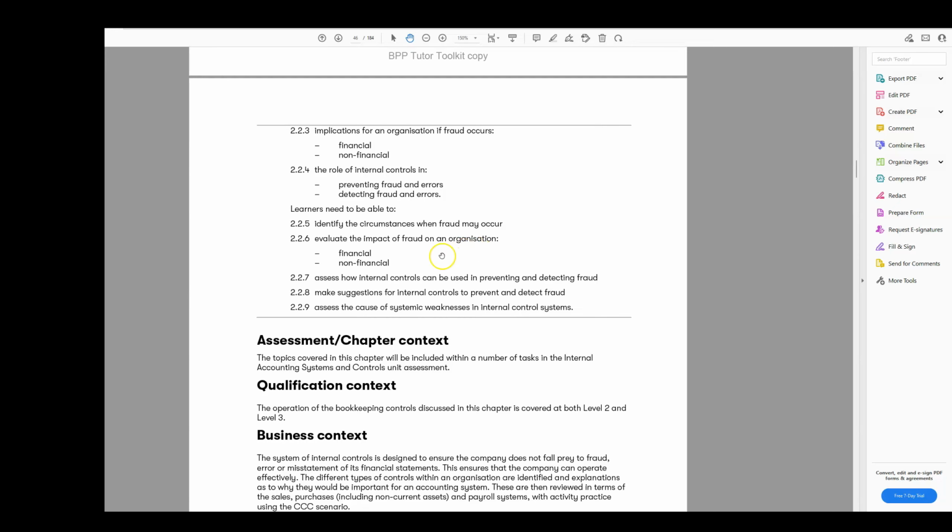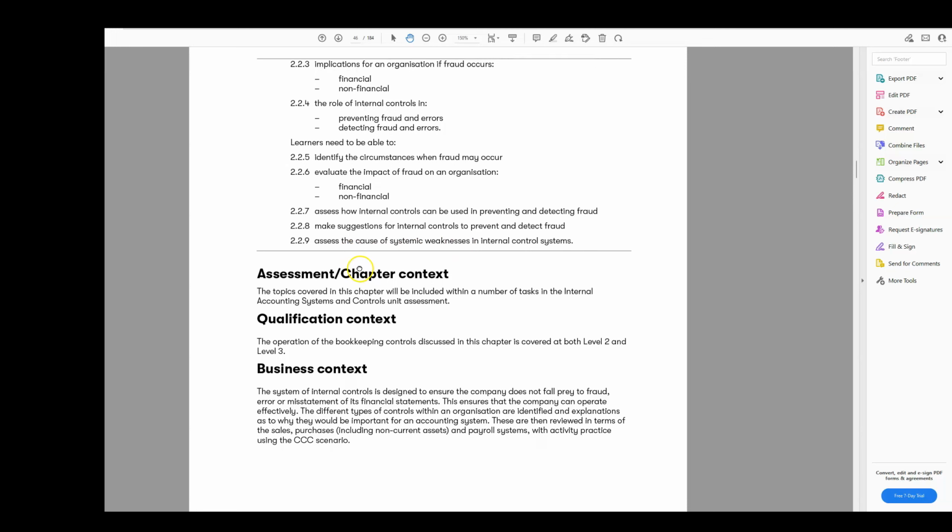So we need to evaluate that, financial and non-financial. Then we have here: assess how internal control can be used in preventing and detecting the fraud, make suggestions for internal control to prevent and detect the fraud, assess the cause of systemic weakness in the internal control system.